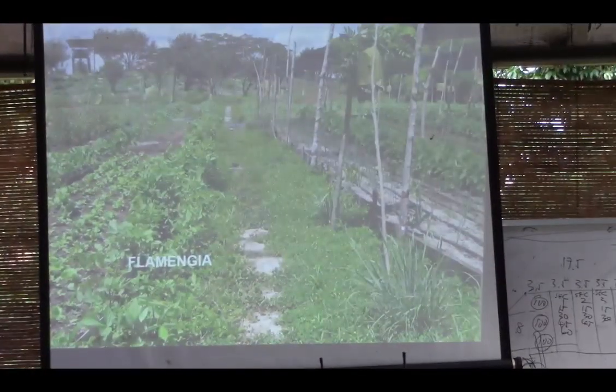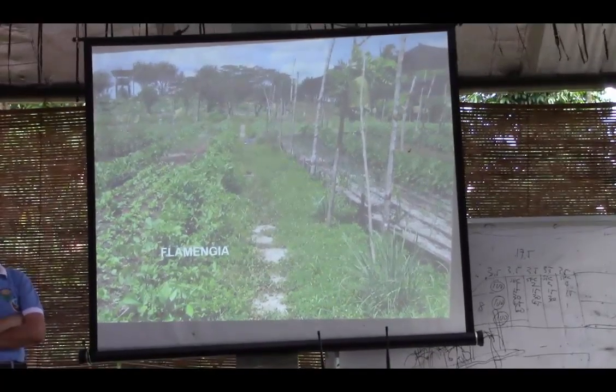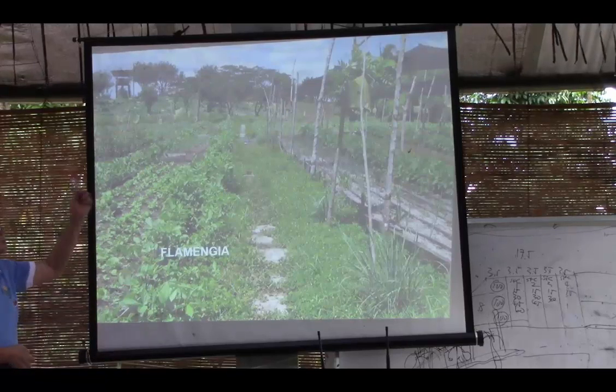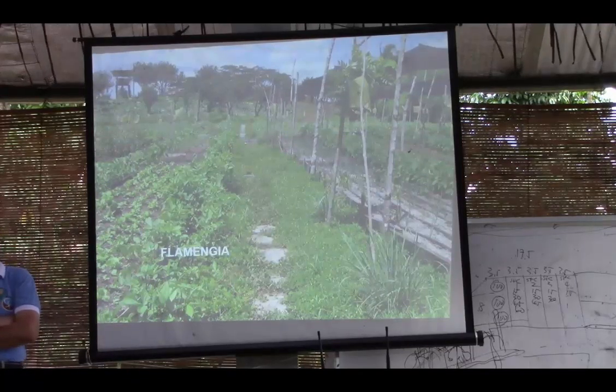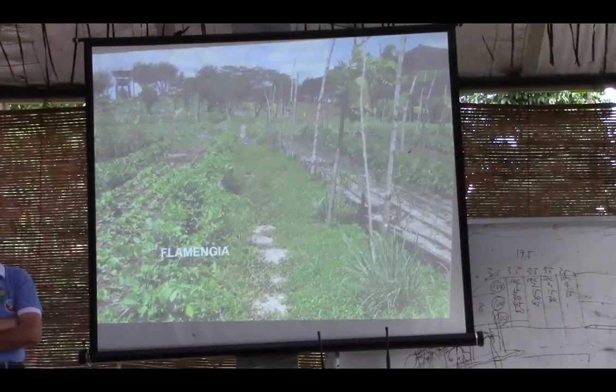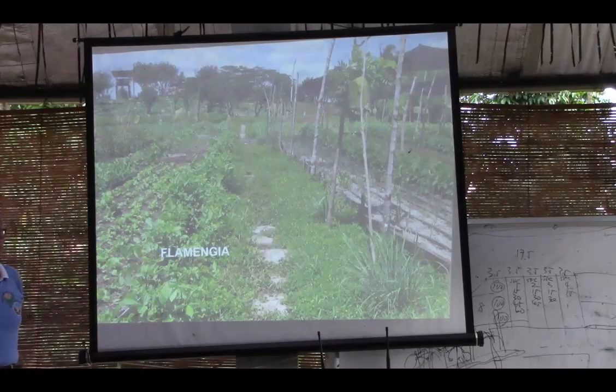Flamingia is a good source of feed for goats and pigs, and it is a nitrogenous plant. If this is your farm, it looks nice, right? So what will happen if this is the kind of farm you have?